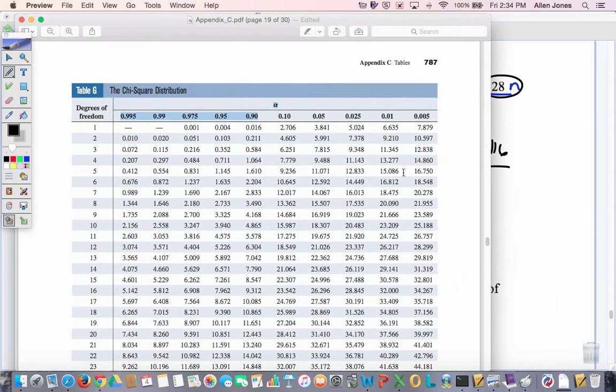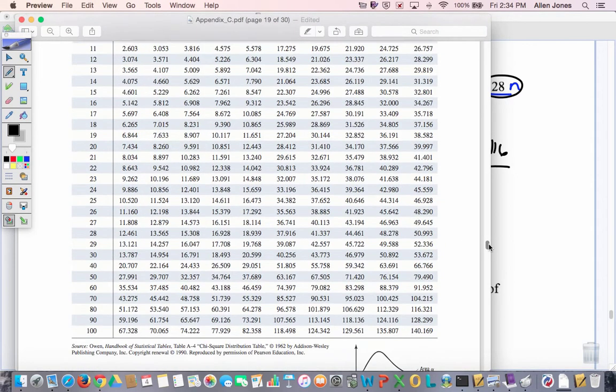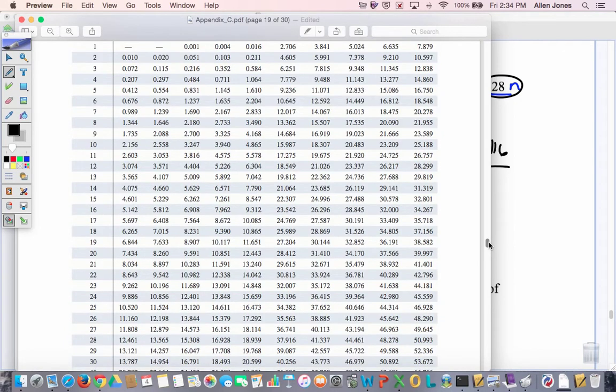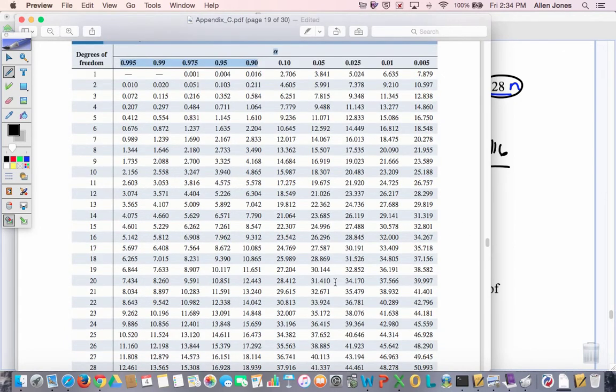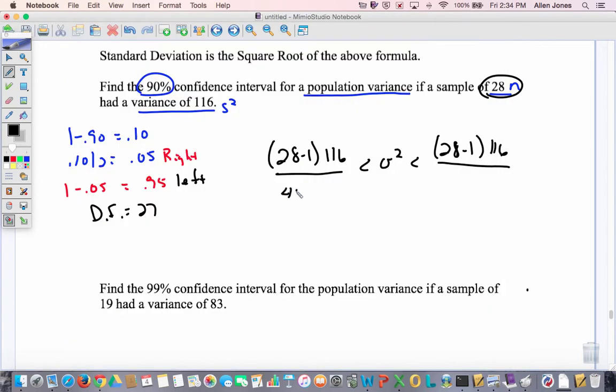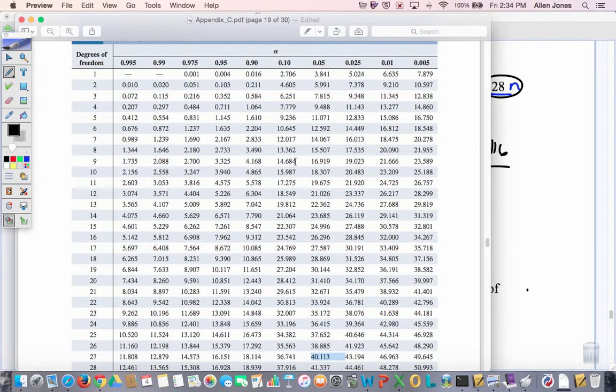So using the 0.05 column, I'm going down to 27 degrees of freedom. 0.05 down to 27, and we find 40.113 for our right-hand side. I'm going to go back to the table and use the 0.95 column with 27 degrees of freedom, and we get 18.114.